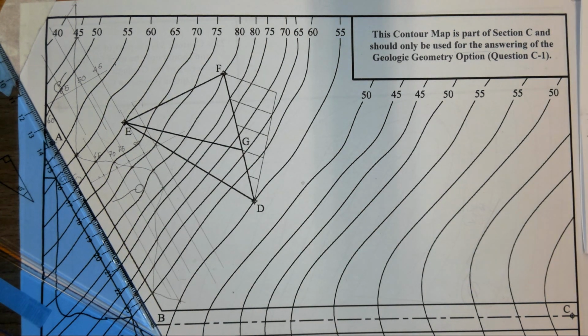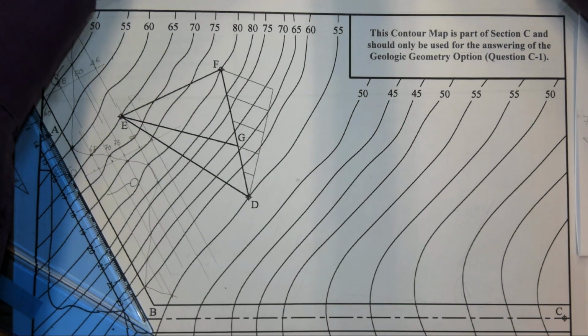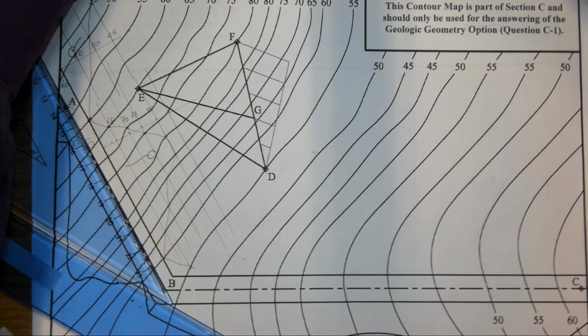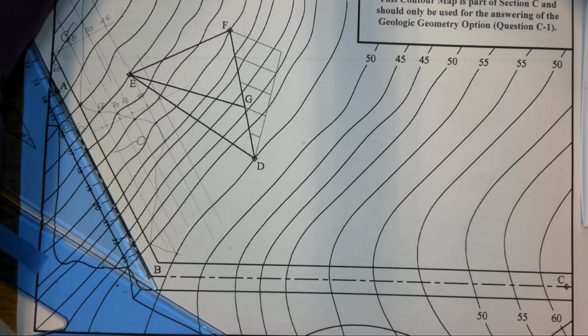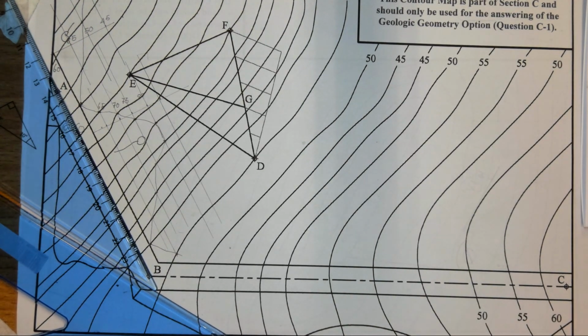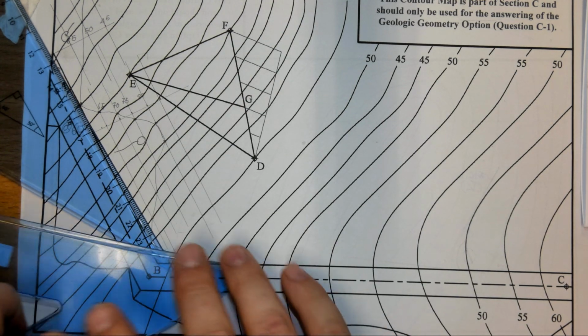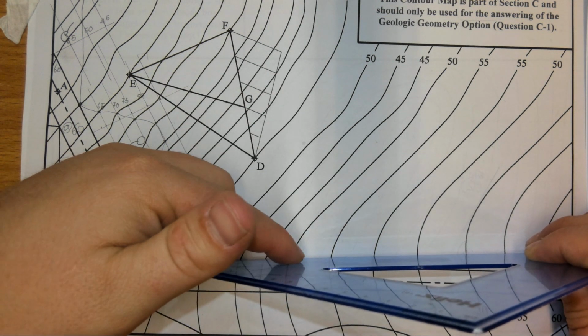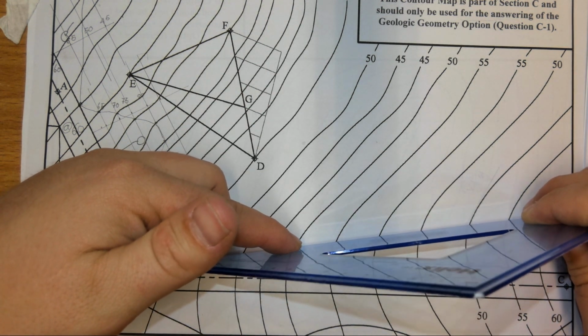Now, we're going to deal with section B to C. Now, B to C is rising at a ratio of 1:30. So what that means in real life is, for every 30 meters you walk, the road rises by a meter.